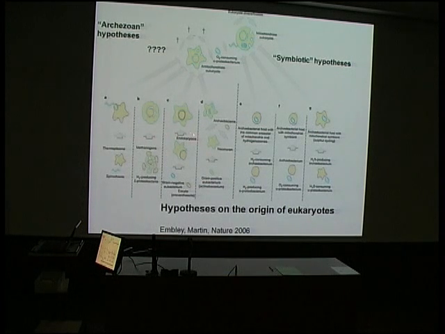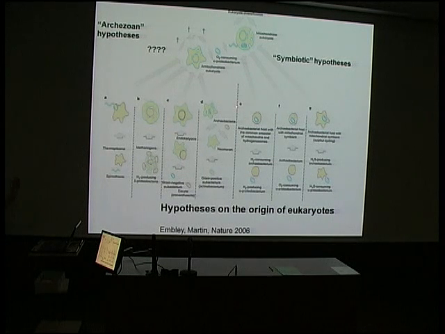This somewhat complicated scheme, which I will not discuss in every detail, comes from a really nice review published in the Nature magazine some years ago by Martin Embley and the already mentioned Bill Martin.